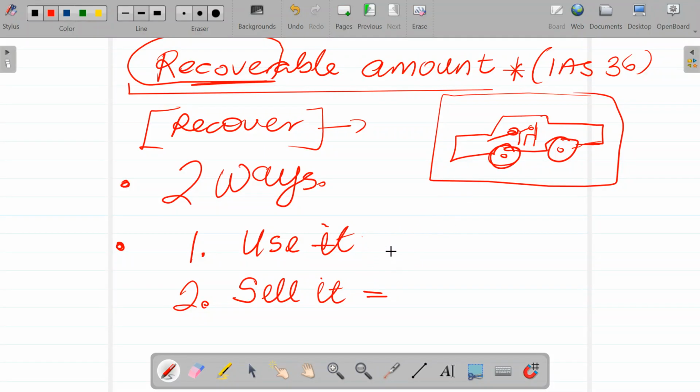Now, assuming that we can quantify the benefit we derive from using it in monetary terms, let's say we'll get benefits of maybe 30,000, and if we sell it, we will get benefits of 60,000. So which one will you choose? Will you use or sell?